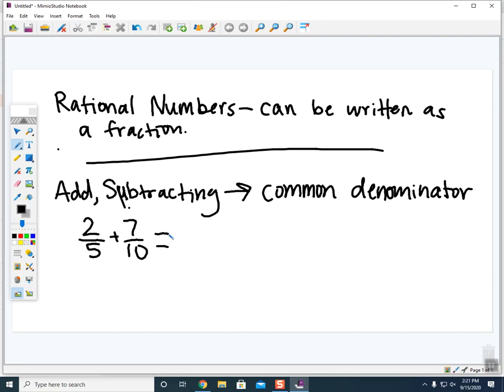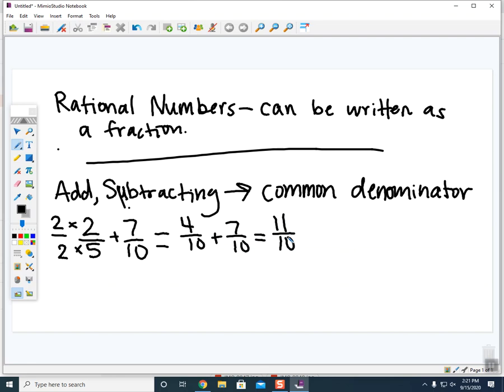So if I look at 5 and 10, I can see 10 is going to be a common denominator for both, right? How do I get from 5 to 10? Well, I multiply by 2, which means that I also need to multiply the top by 2. So this is going to be the same as 4 over 10 plus 7 over 10, which is going to give me 11 over 10, right?